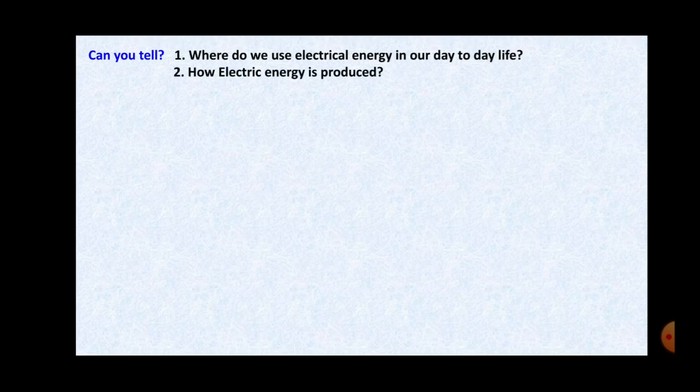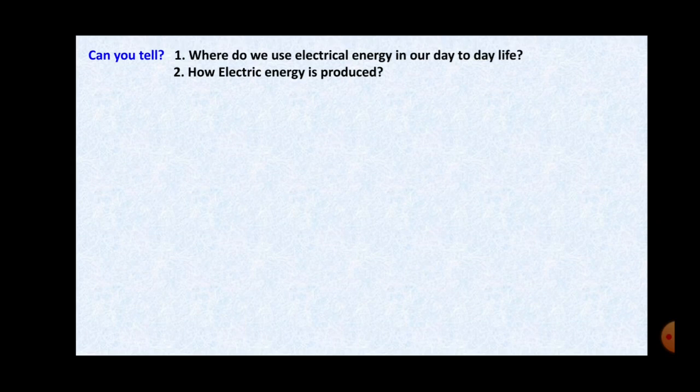Next question is, how is electric energy produced? Electrical energy is produced with the help of generators, and the principle used in this, you had studied in lower classes. If you remember, in 8th standard you had studied electromagnetic induction. Are you able to recall, students? Yes.